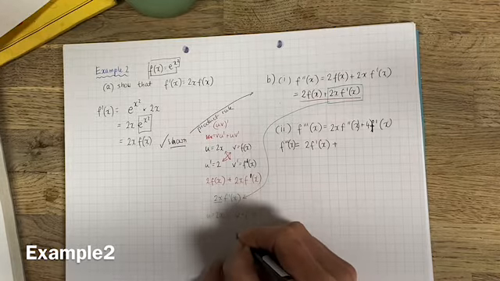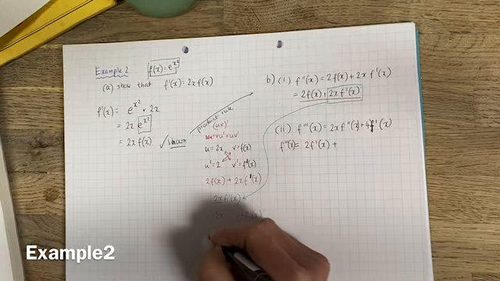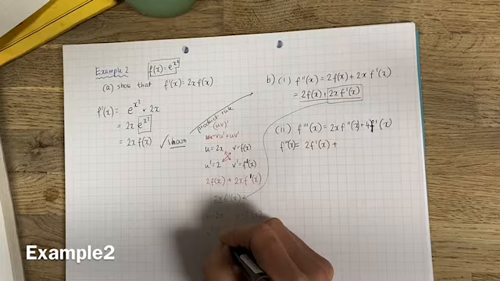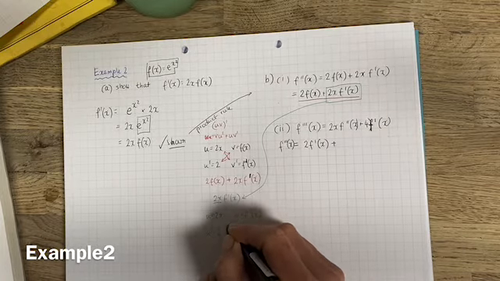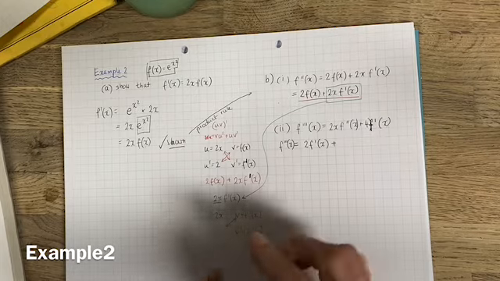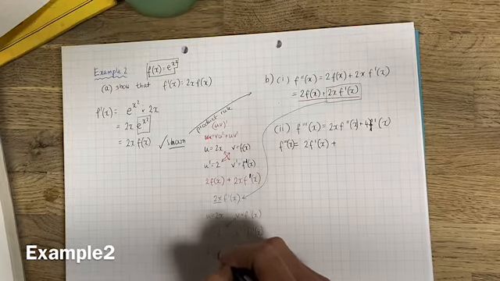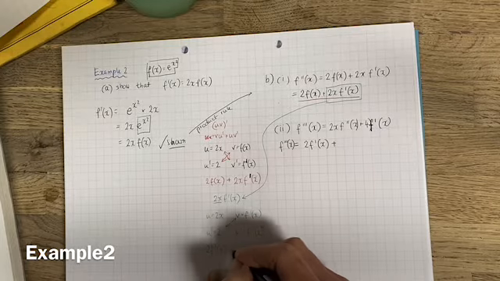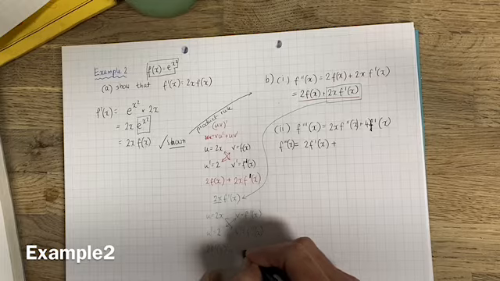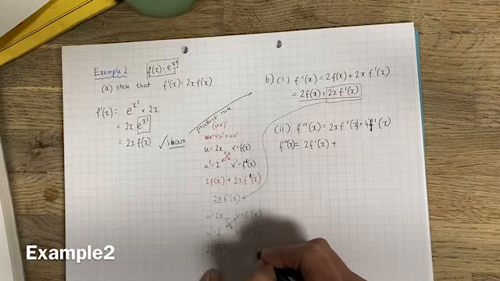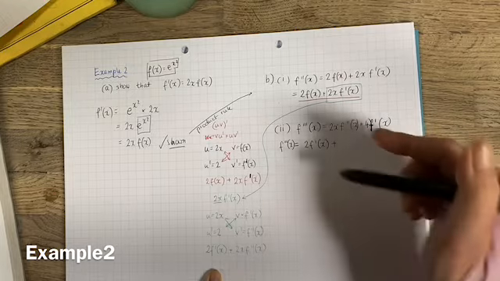Now I'm going to obtain f double dash of x, and u dash is 2. So let's differentiate it. It's going to be vu dash, so f dash of x first, and then plus 2x times f double dash of x. So let's copy this down onto this line.